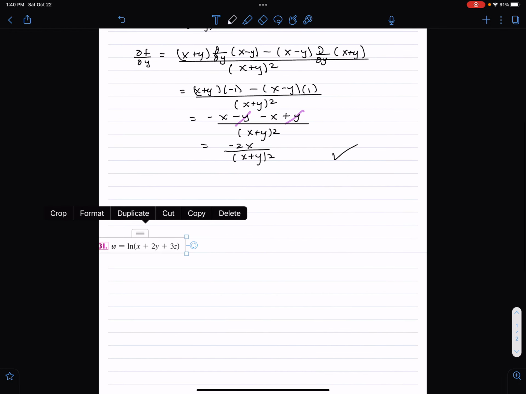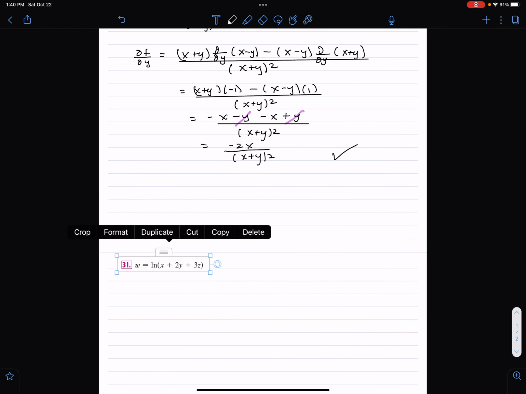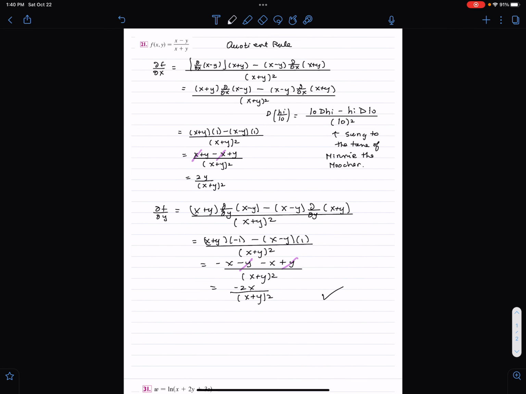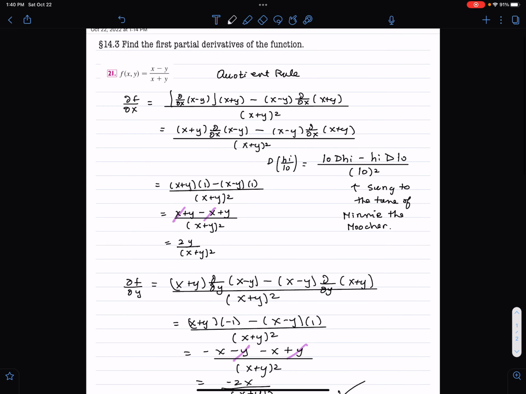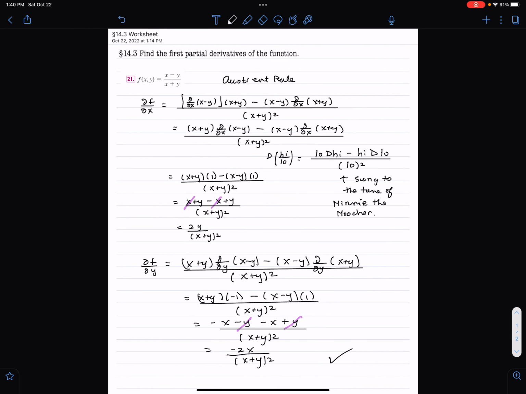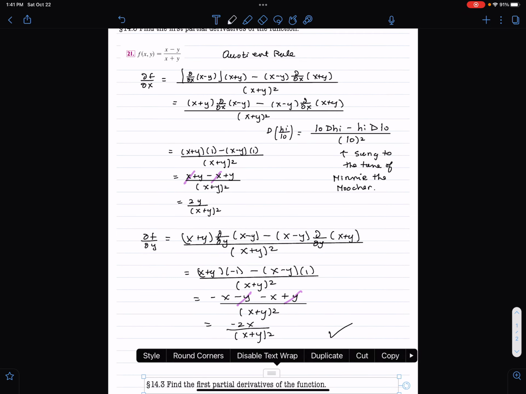Let's try this one. Finding these partial derivatives of, you can zoom out a little, just look at that screenshot. So the same thing, find the first partial derivatives of the function. It's the same directions, let's go down there.